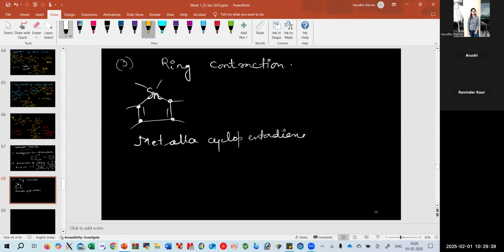Once the ring contraction happens, meaning it would try to bind with this one and this releases, ultimately you will get a cyclobutadiene releasing the SnMe2 group, and similarly with the aluminium also. So these are the 3 main methods for making a transition metal complex with cyclobutadiene that we have taken into consideration. Is there any doubt so far?